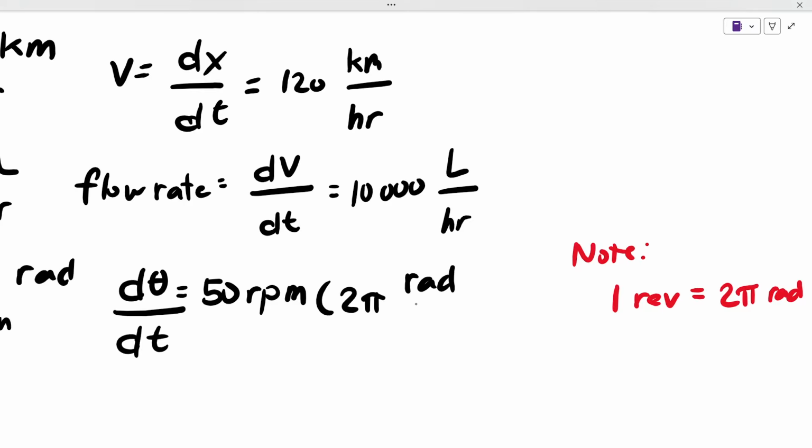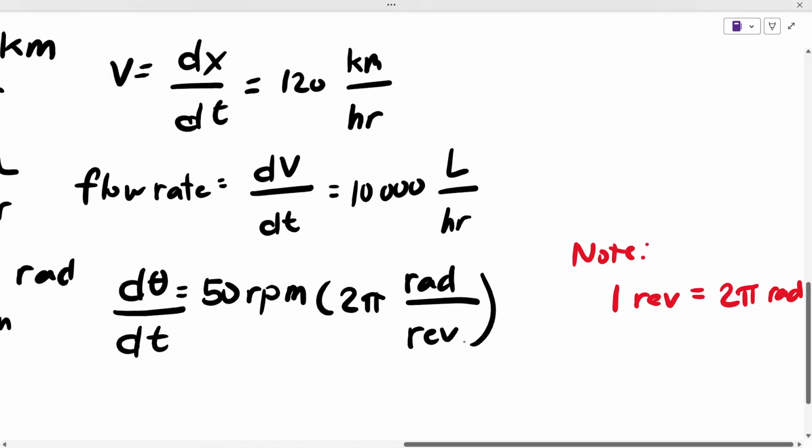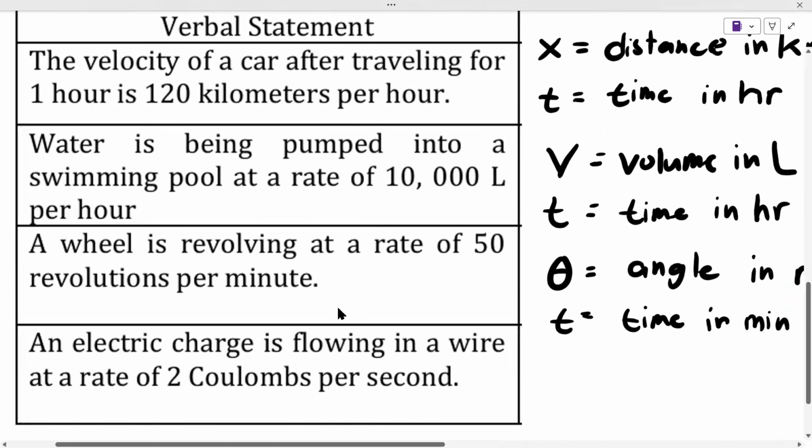We can use this to represent our change in angle over change in time.